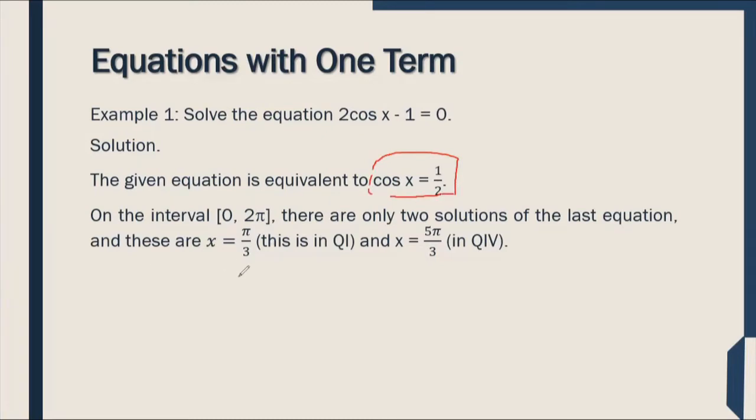So, yung mga possible solution natin, x is equal to pi over 3, yung nasa first quadrant. At yung isa naman, yung nasa fourth quadrant, ay value ng x natin ay 5 pi over 3.